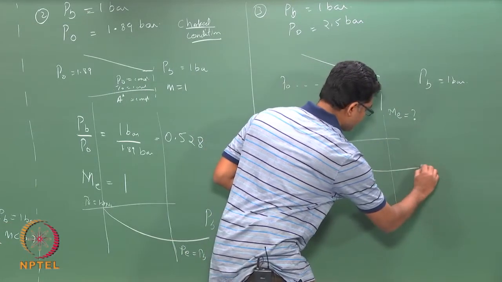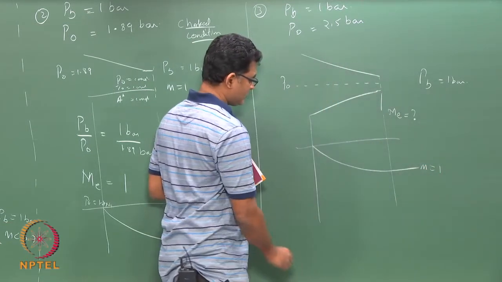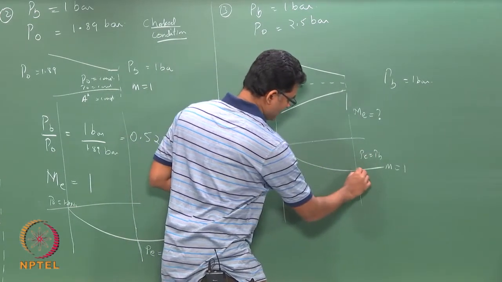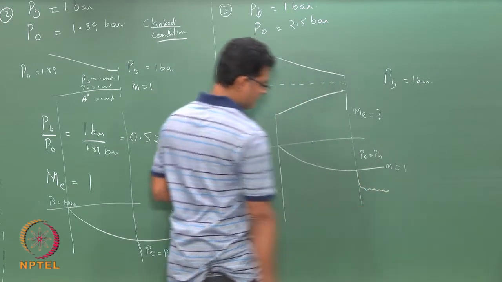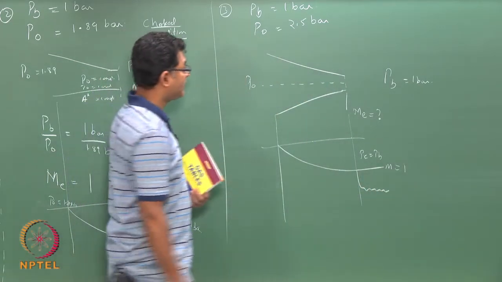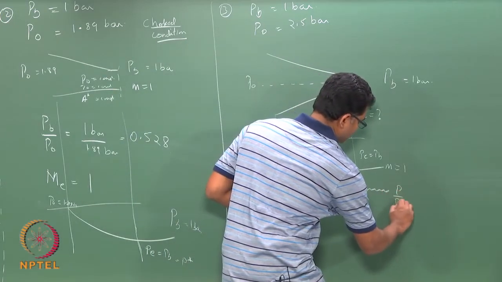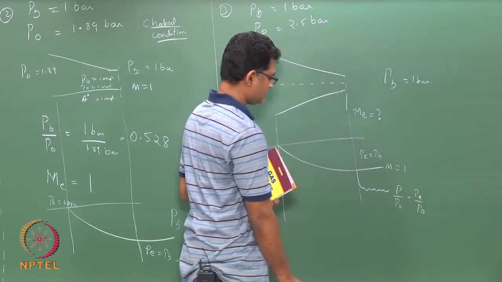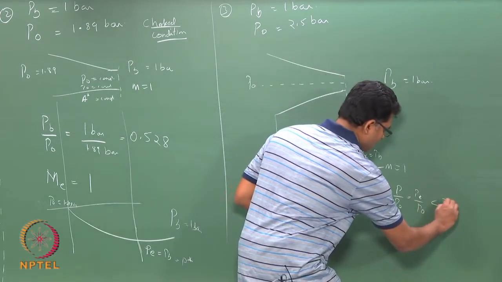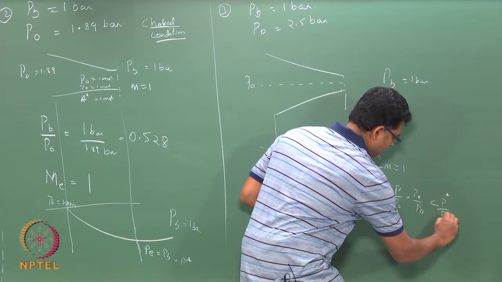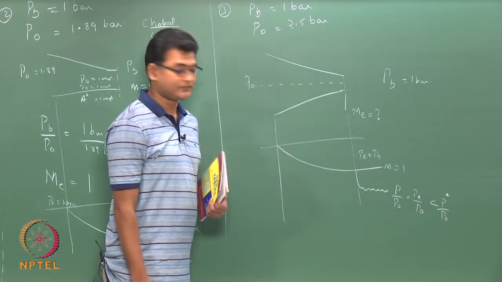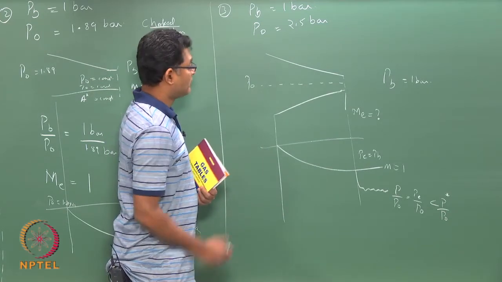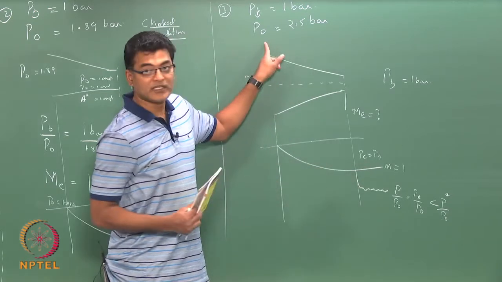If I have already reached my choked condition at the exit, where your P exit equals PB, any condition smaller than this would give you the same. So, your P exit by P0 is smaller than your P star by P0 for the choked condition. Now, instead of reducing the PB, what we have done is we have increased our P0.